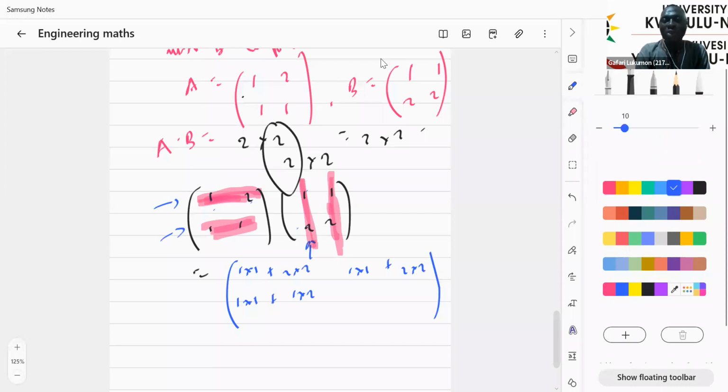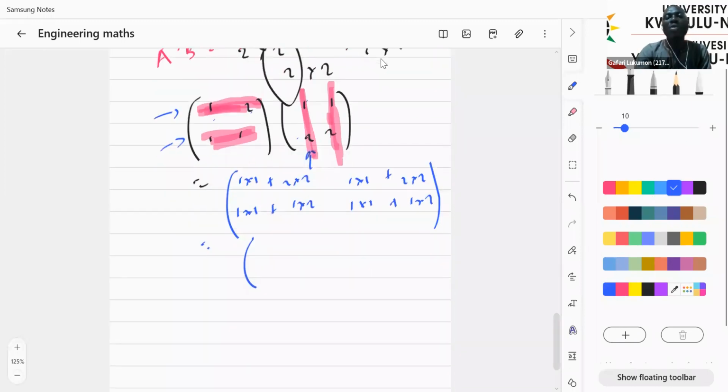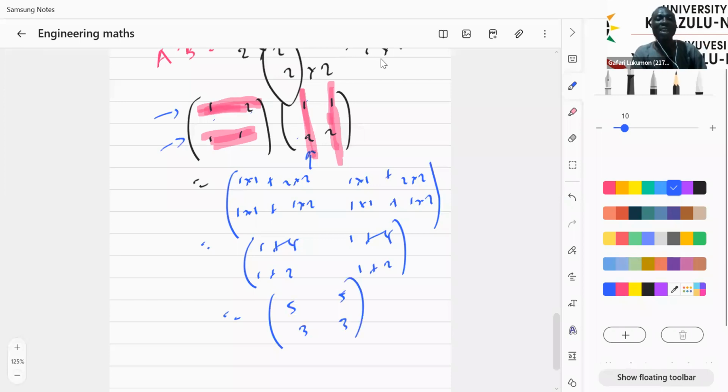That's going to give you 1 times 1, plus 1 times 2, that is 2. Then you can now add them together. So what do you have later? That is 5, 5, 3, 3. So that's how you are going to multiply it.